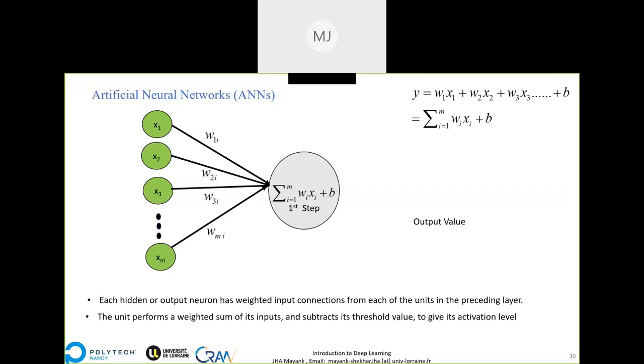Well, if we only apply a linear function here, it means that it doesn't matter how many layers we construct, at the end, all we will have will be one linear function. All the layers would collapse into one.